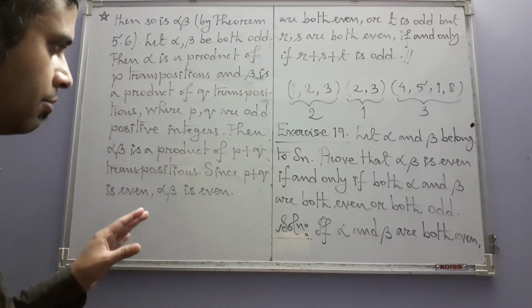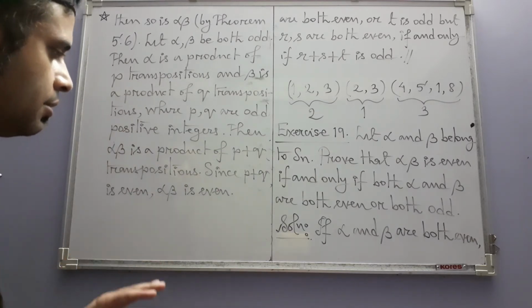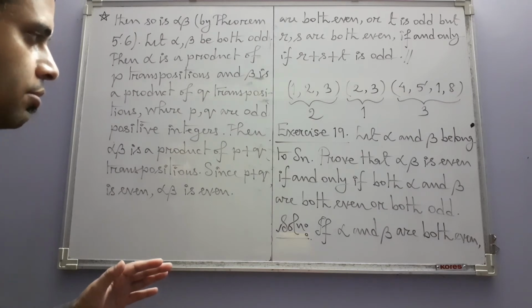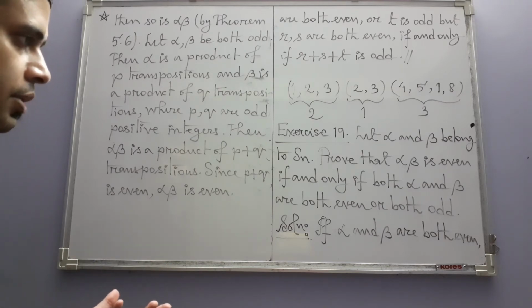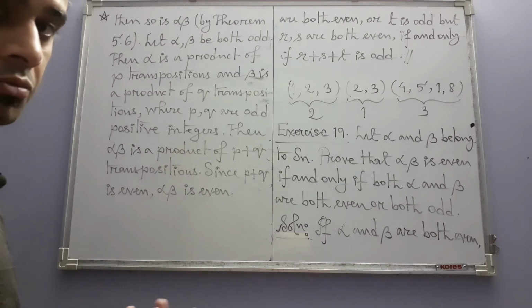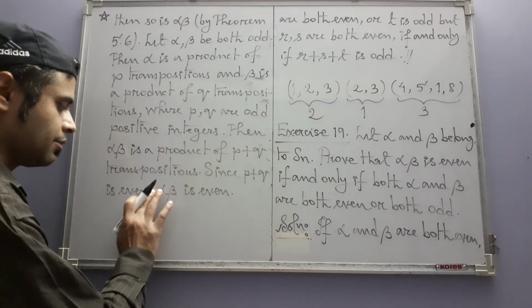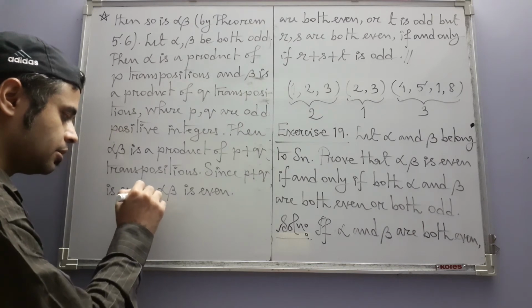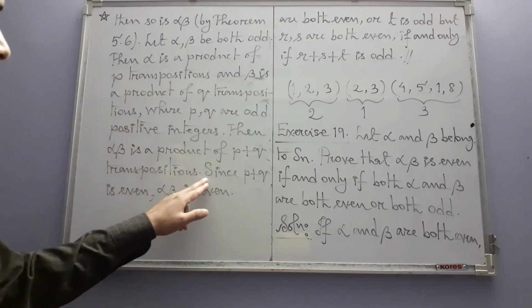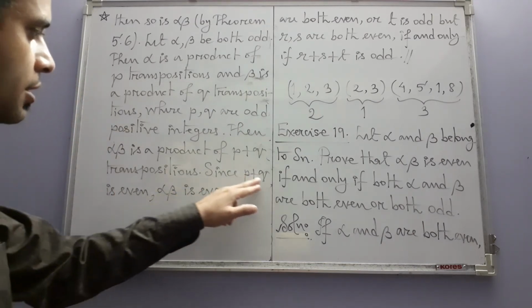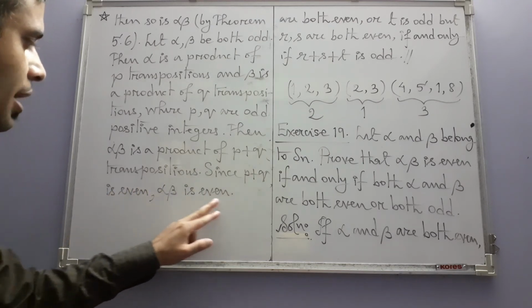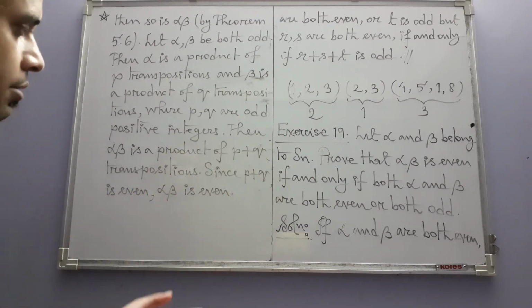Now I am noticing something. There are places where you can confuse yourself very easily. One such place, although this is not a very big problem, is where we write things like this: since P plus Q is even, so alpha beta is even.